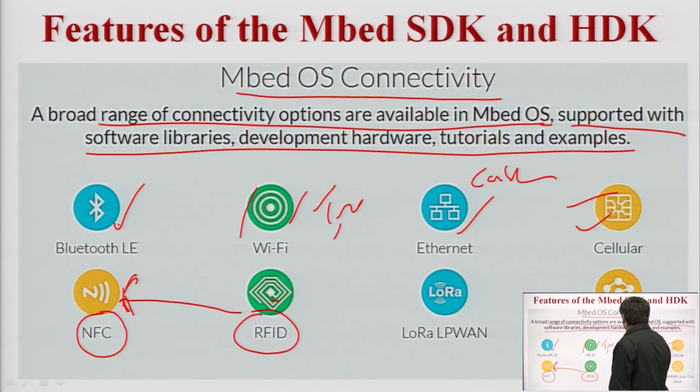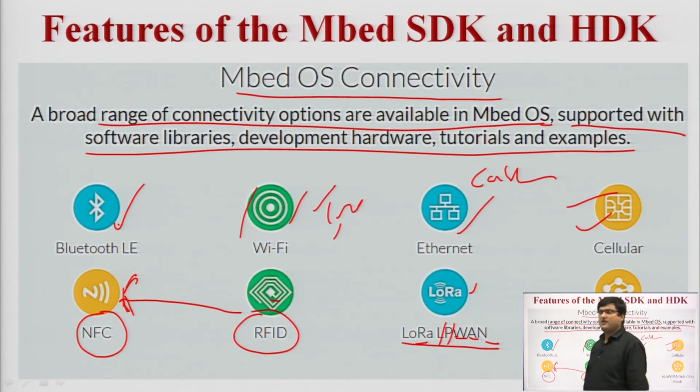And we have LoRa LPWAN, long range, low power wide area network. This is the symbol of LoRa, and it has a large range. As the name implies, LoRaWAN is used to transmit data over a large range. The range may vary up to 100 kilometers, but all those other devices have very short range.